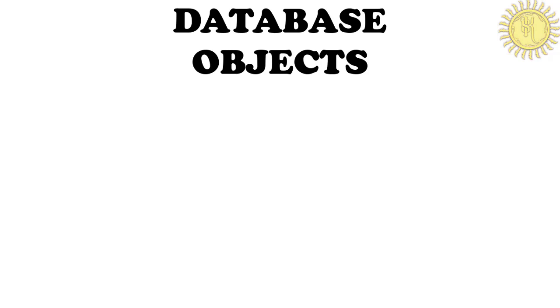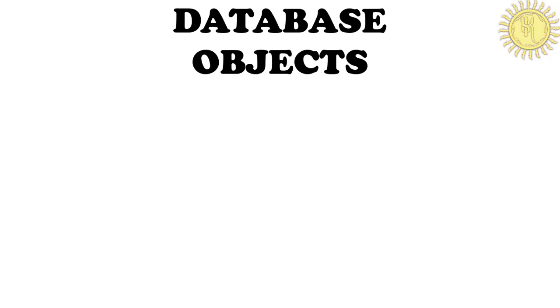A form is an interactive object used for viewing, adding, deleting and modifying data. So with the help of a form, we can see the data, add, delete and also edit any type of data.